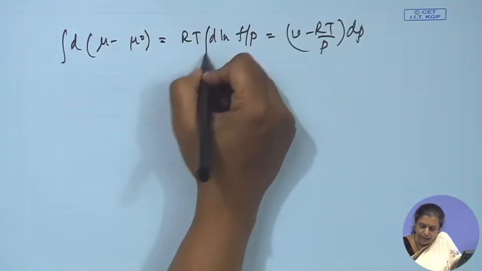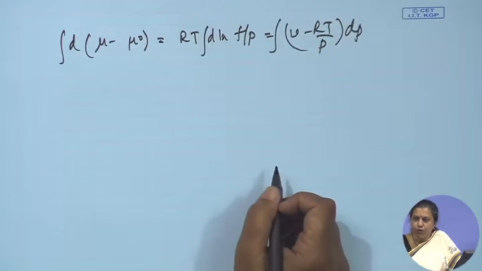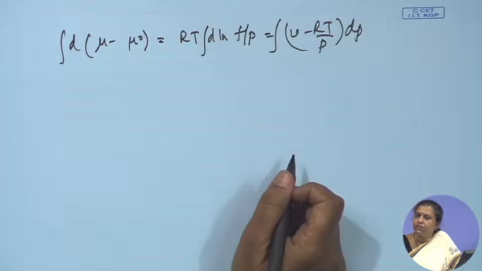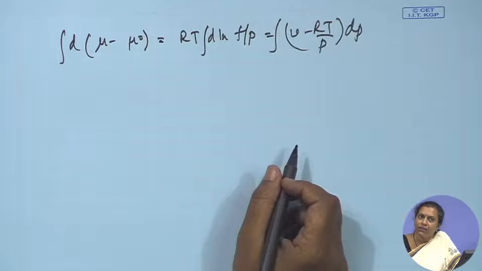Then I can integrate each one of them. What should be my integration? I should be integrating it from a condition where I know the fugacity, or in other words, from the ideal gas state, which is applicable at p equals 0. Again, I recall that all gases or all substances exhibit ideal gas behavior at high temperature, low pressure.